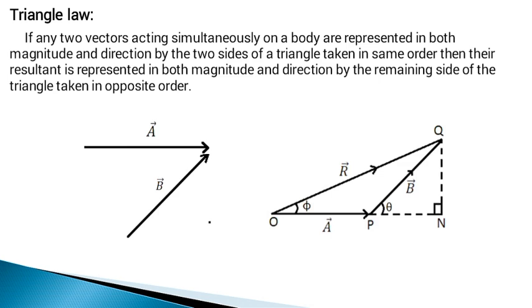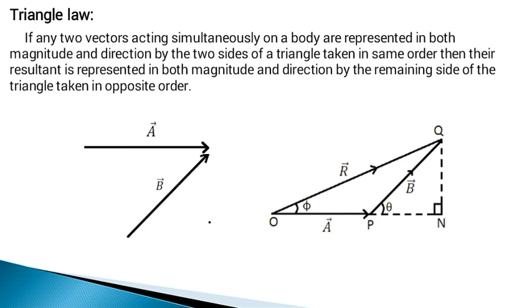We know the magnitude of a vector is represented by the length of the line used to represent it. So the length of side OP of the triangle is equal to the length of the line used to represent vector A, and the same in the case of vector B. Also the direction of side OP and vector A, and the direction of side PQ and vector B, is the same.